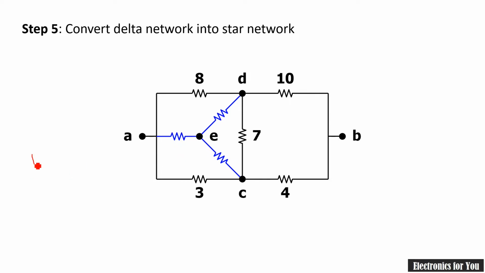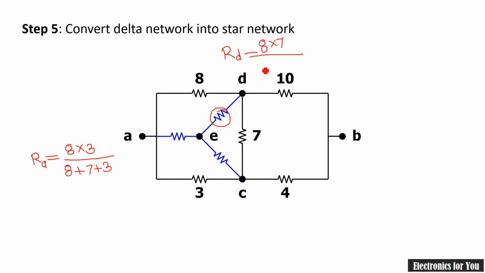Let it be RA. Now RA, you can call it RAE also, considering this E as a neutral point. So RA here equals, now at this node, the 8 ohm and 3 ohm resistances are directly connected. So in the numerator their multiplication is there, and the sum of all the resistances connected in delta, so 8, 7 and 3, will be added here. Similarly, to calculate RD, that is this resistance basically, RD equals, at D the 8 and 7 ohm resistances are directly connected.